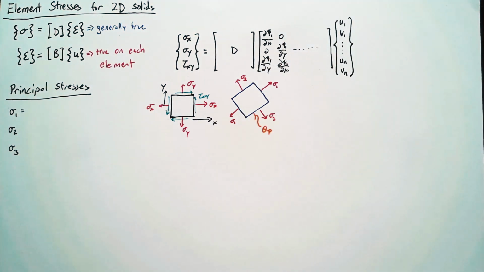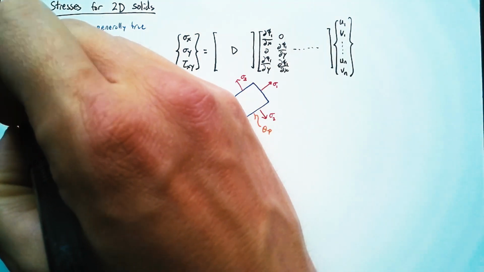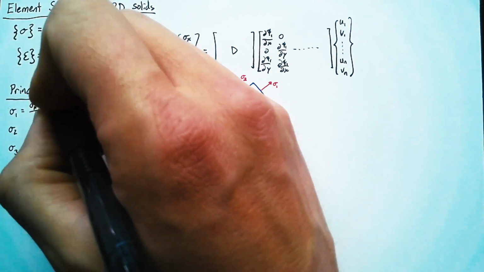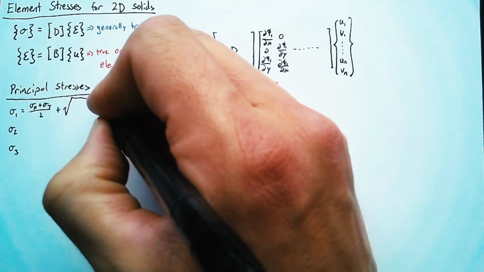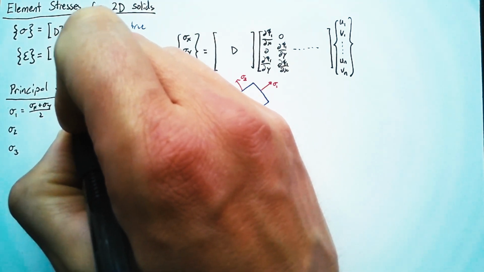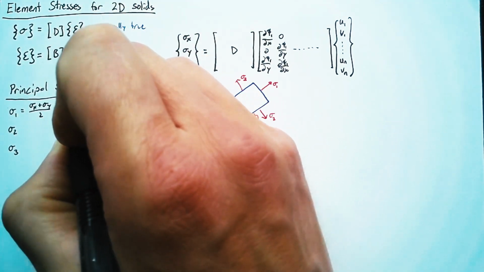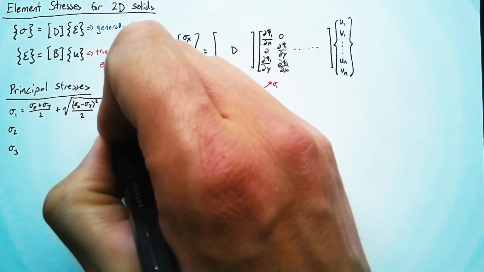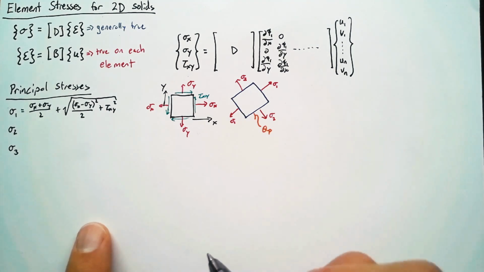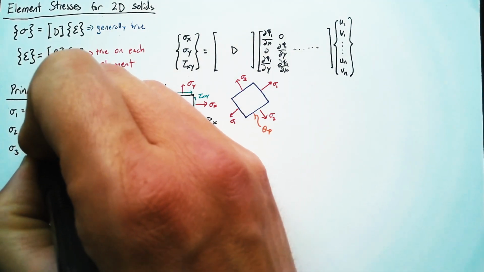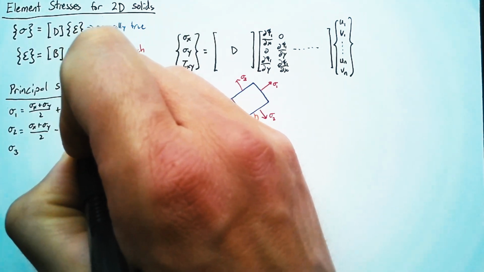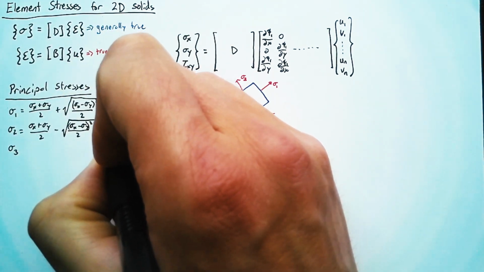So the equation for these is just sigma x plus sigma y over 2 plus the square root of sigma x minus sigma y squared over 2 plus tau xy squared. And then sigma 2 looks almost exactly the same, except we are going to subtract off that square root term.